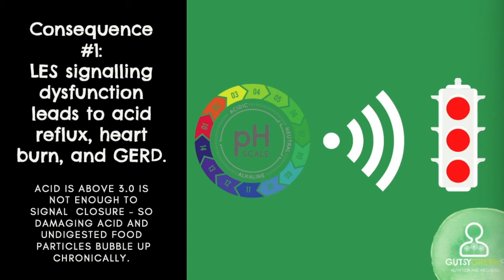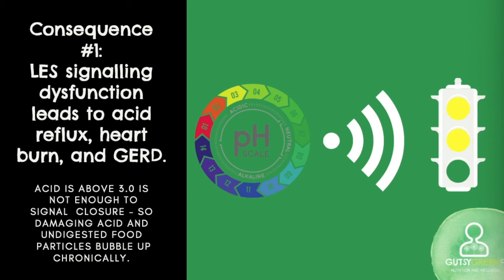Usually, the stomach's potent pH would work as a warning to the LES by saying, "I'm burning in here, stay closed, red light, red light." However, when the pH is too high, the LES gets the wrong signal, a yellow light maybe, or in terrible cases, a green light. So it remains open.